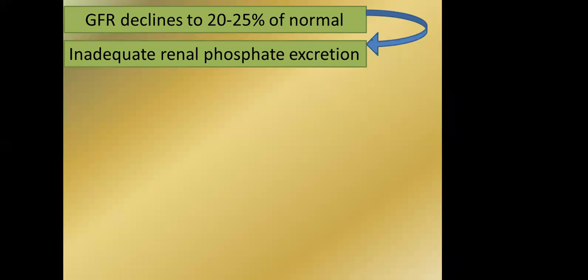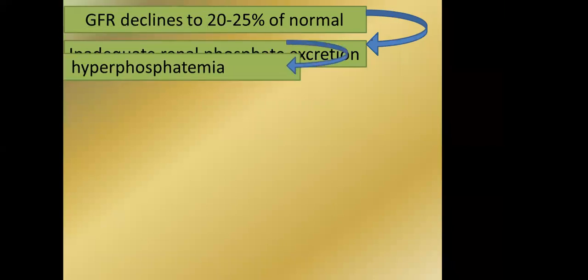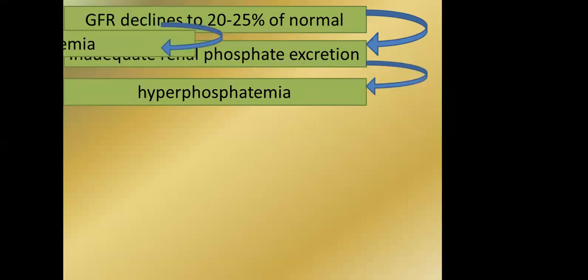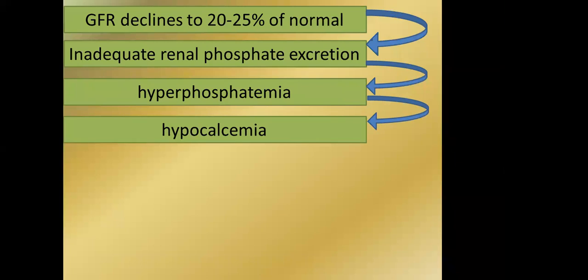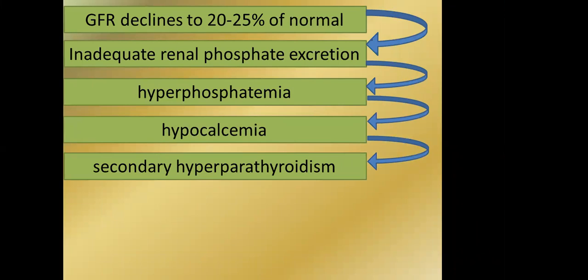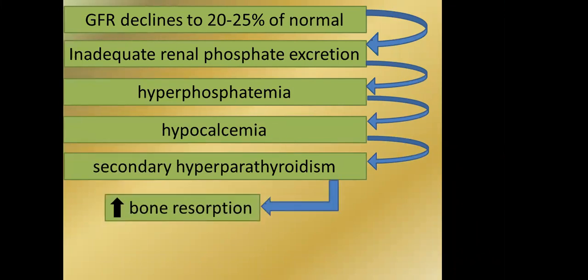So there is inadequate renal phosphate excretion, leading to hyperphosphatemia. As you know, hyperphosphatemia causes hypocalcemia, and hypocalcemia leads to more secondary hyperparathyroidism, and more secondary hyperparathyroidism means more bone resorption. This is why renal osteodystrophy occurs.